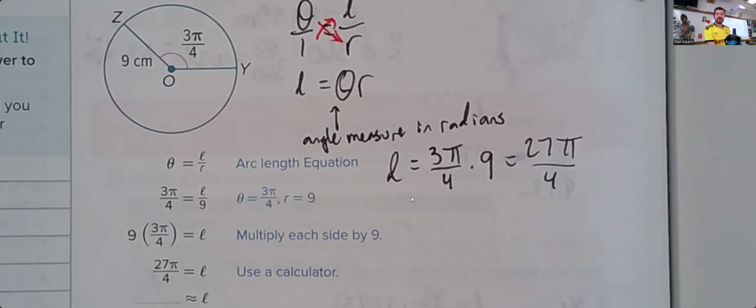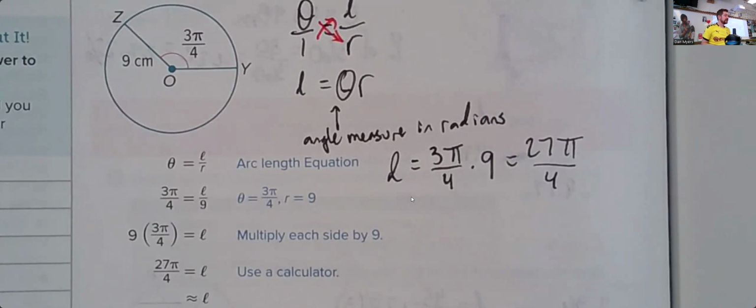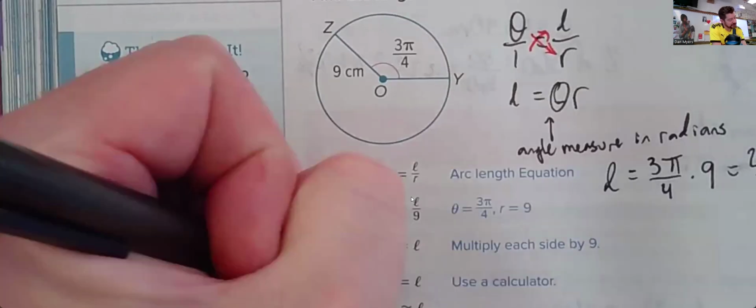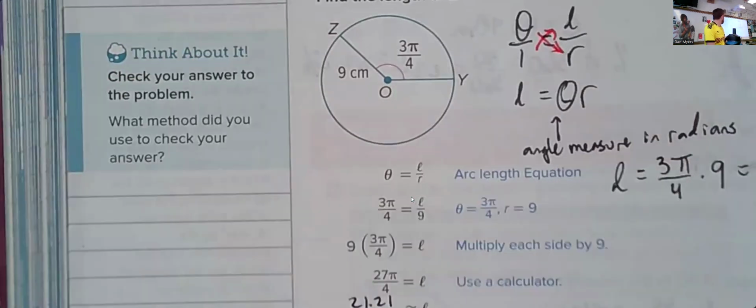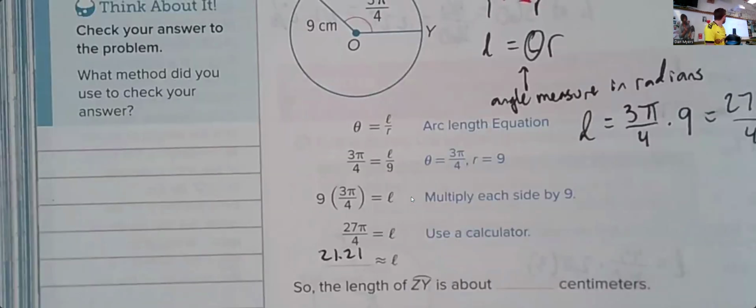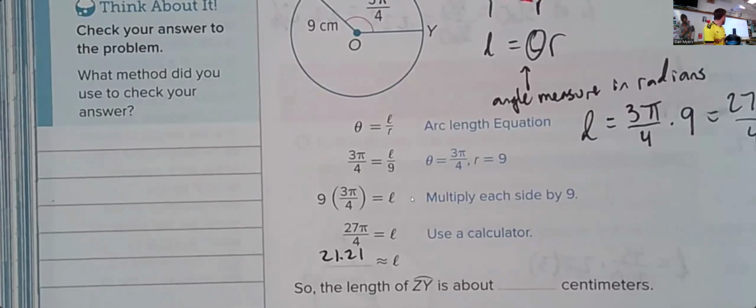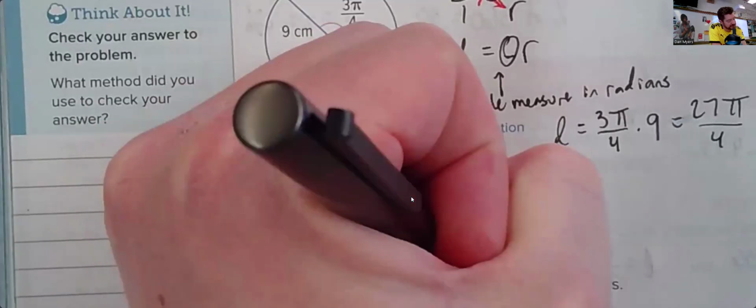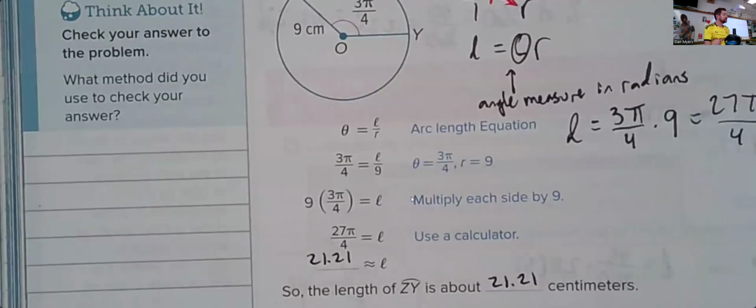What's the number after it? 21.20? 21.21? Okay, because the number after the 0 is 5 or more. All right, so 21.21. Nice. So the length of arc ZY is about 21.21 centimeters. Cool.